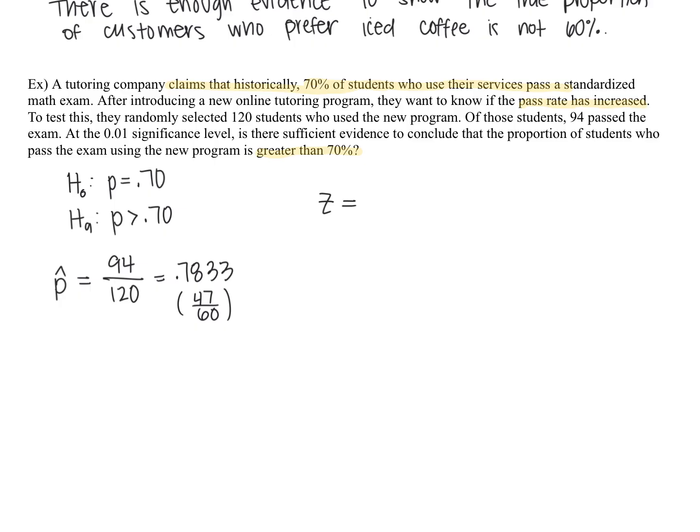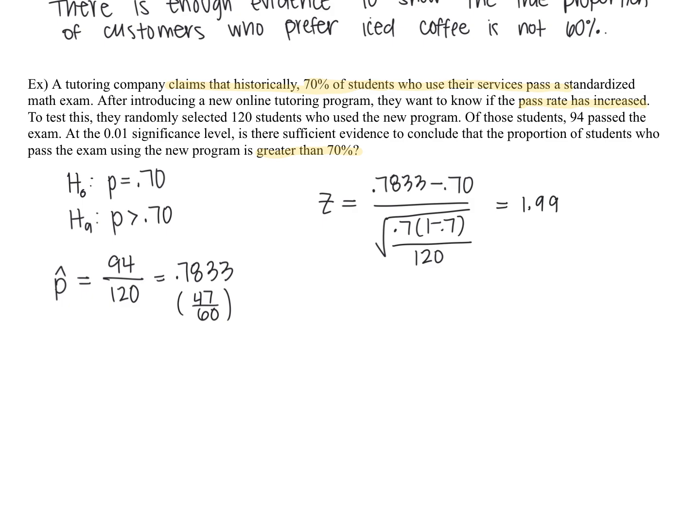So for my test statistic, we'll get 0.7833 minus 0.70 all over the square root of 0.70 times 1 minus 0.70 all over 120. And we get 1.99.